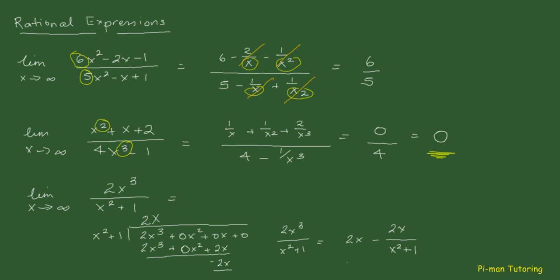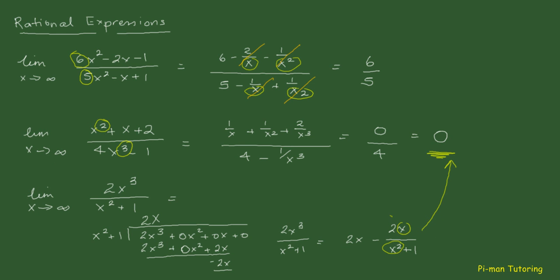And this allows us to now see more clearly what happens as x tends towards infinity. So in this second term, we now have a higher degree on the bottom than on the top. And we know that when the degree on the denominator is higher than the numerator, this is going to behave like the second case.